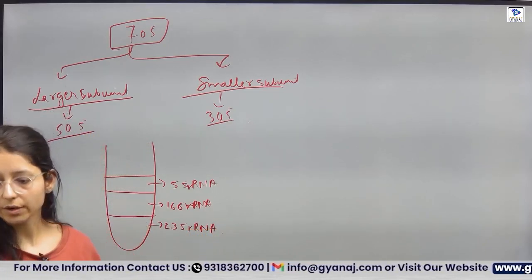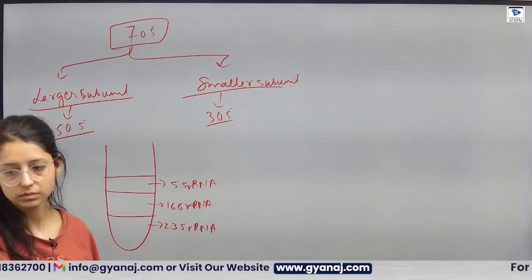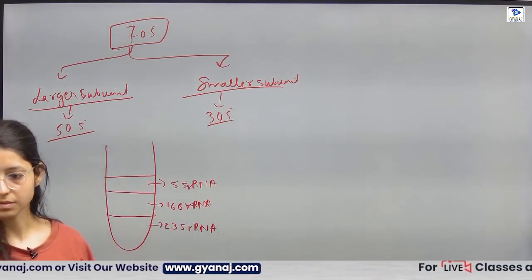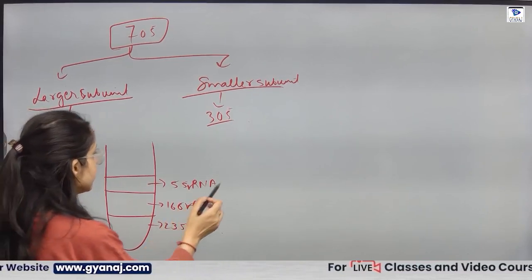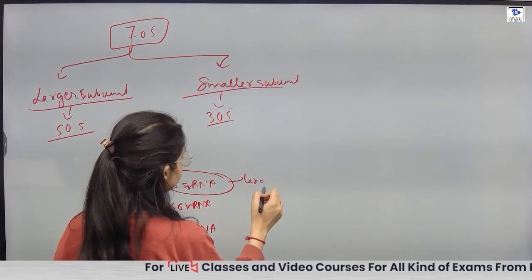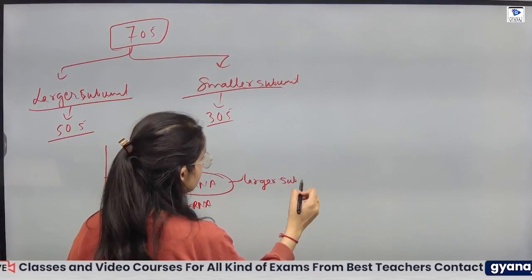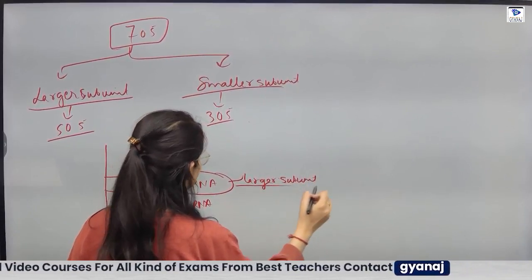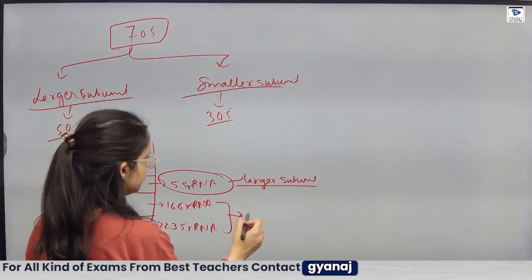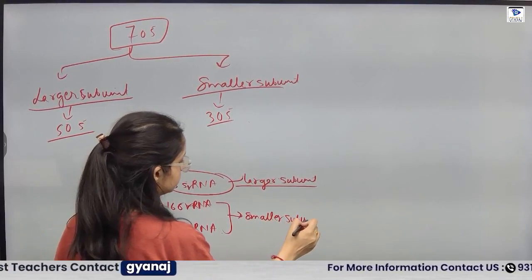Now your 5S rRNA is present in the larger subunit, and these are in the smaller subunit.